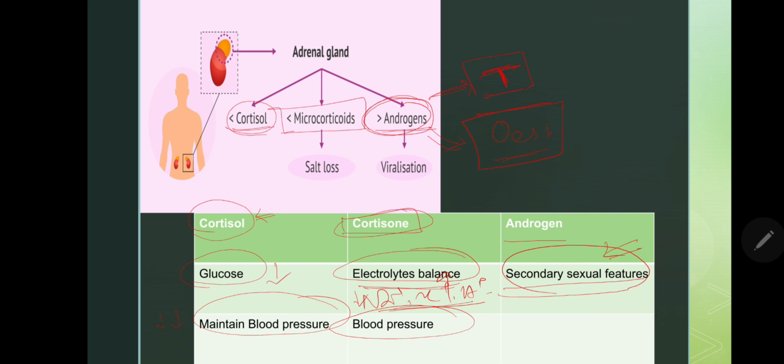So when androgen is decreased, there is decreased production of testosterone in the male, so there is a problem in the male genitalia, and if there is decreased production of androgen and estrogen, there is a problem in the female. If there is overproduction of testosterone, then the female becomes male-like, and if there is underproduction, then the female has delayed puberty and genitalia features. So it is very important to know all three hormones.